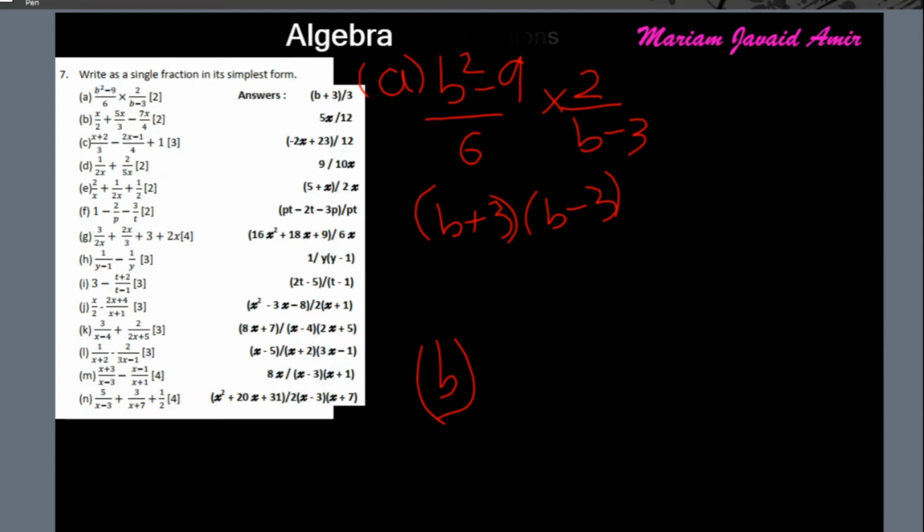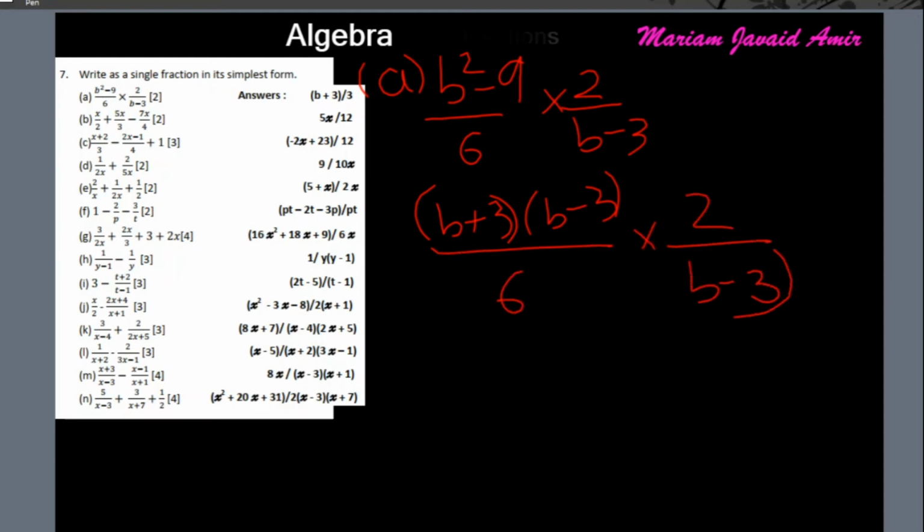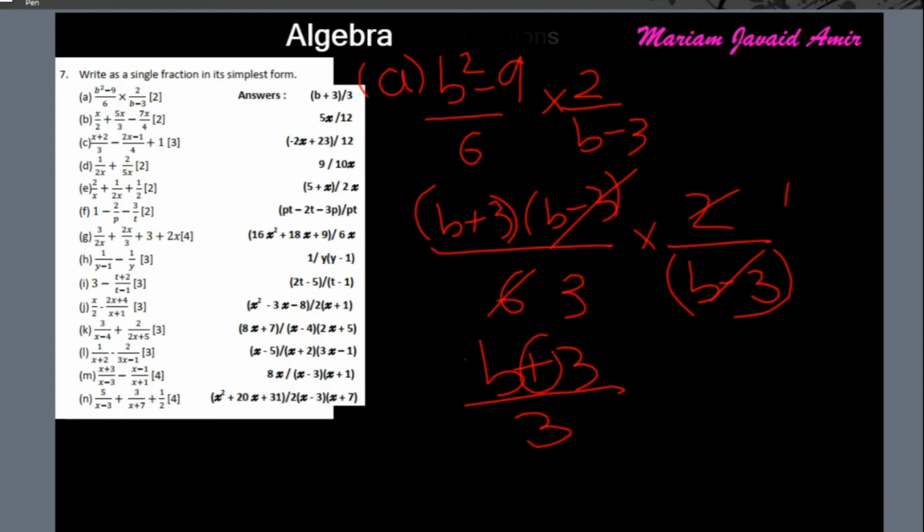So then over 6 times 2 over b minus 3. So b minus 3 cancel out, 2 and 6 cancel out. So we're left with b plus 3 in the numerator and 3 in the denominator. No further cancellation is possible because of this plus sign in between.